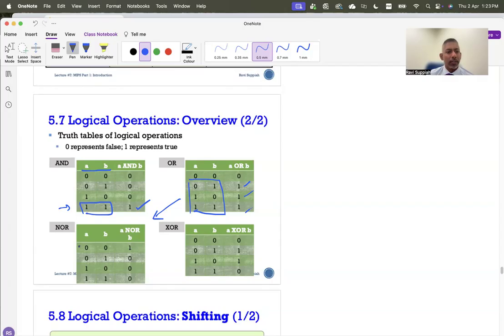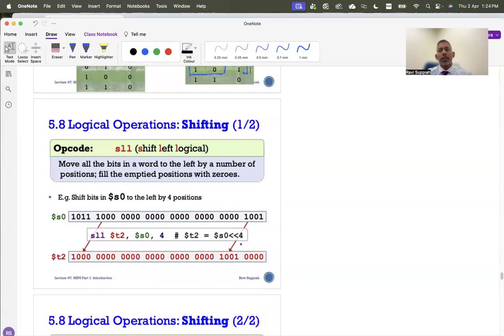So as long as all the inputs are 0, then the output is a 1. And exclusive OR, to put it simply, for a 2-bit exclusive OR, only when both the bits are different, the output is 1. So this is the quick overview of logical operations.